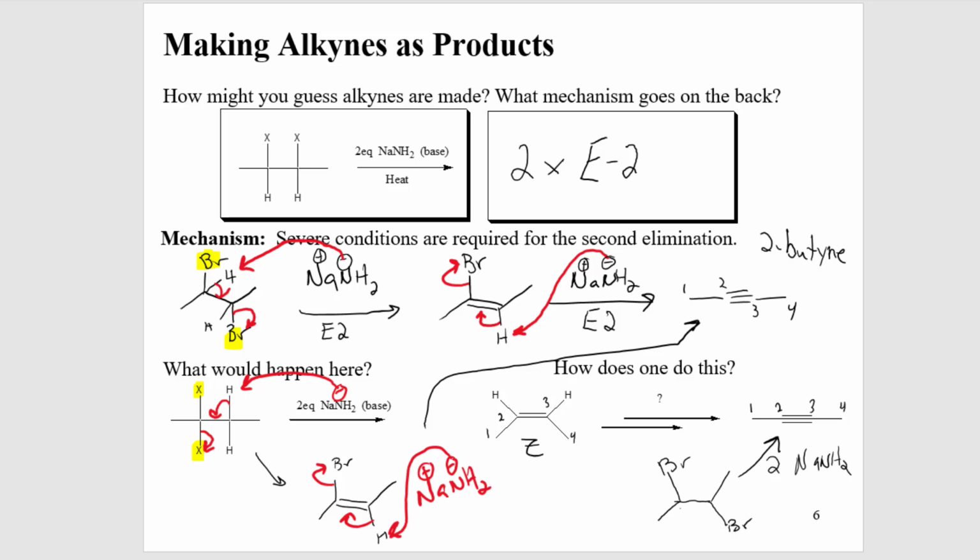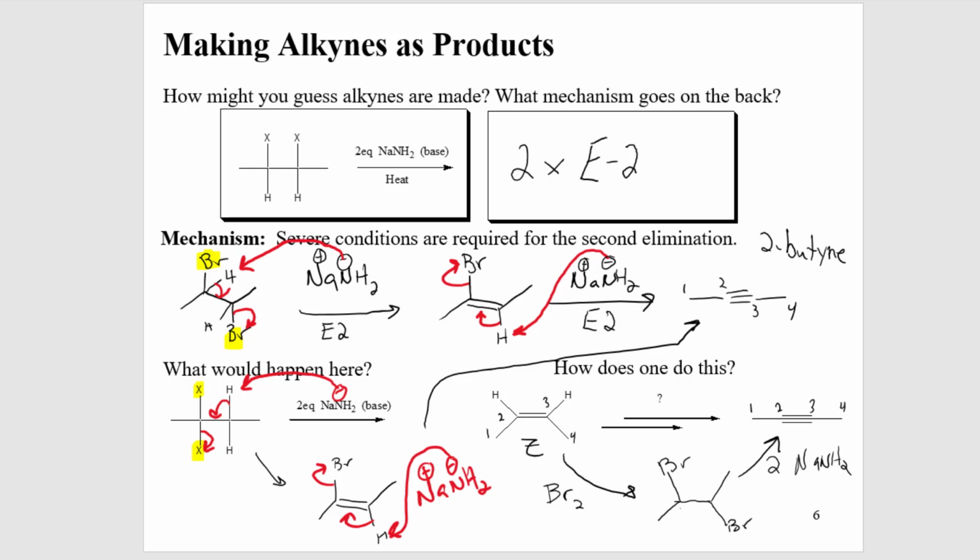2 bromines, right? If I do 2 equivalents of the base, I would have started with the butane molecule, but I have to have those leaving groups there. Do I know how to put 2 bromines across 2 carbon systems? Taking a double bond and adding 2 bromines across, I do know how to do that. I just do a bromination with no solvent that can react, like water or ethanol.